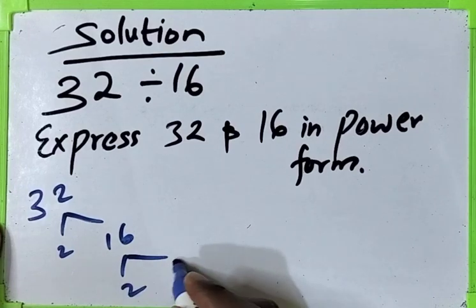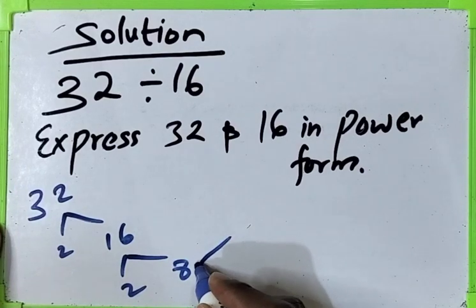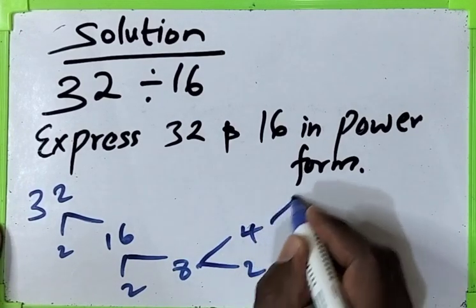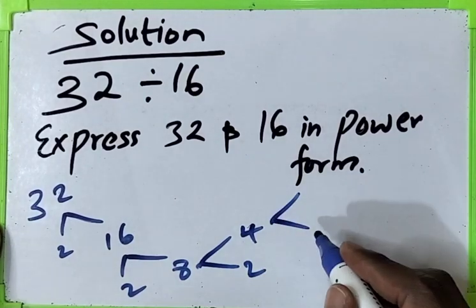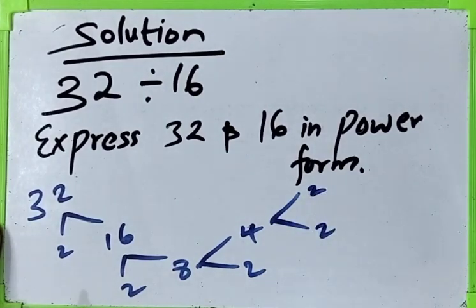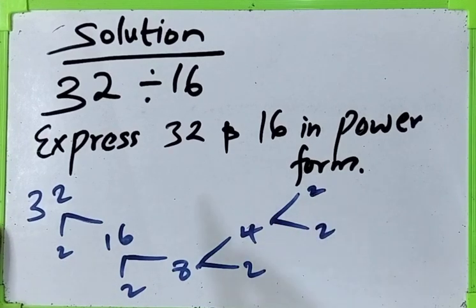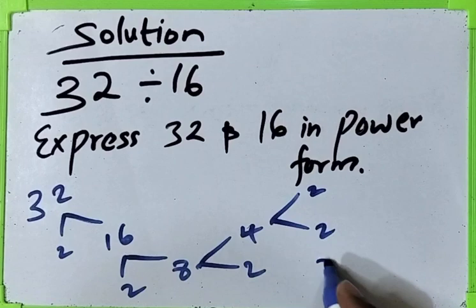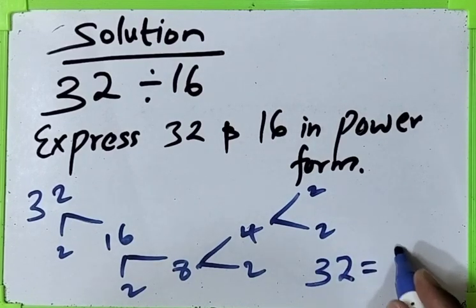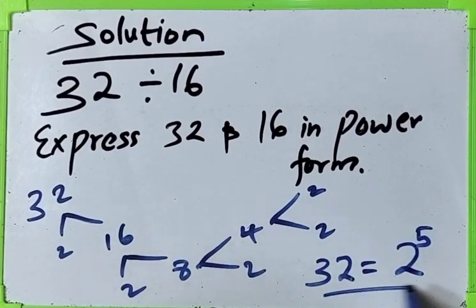Divide by 2, 8. 8 divided by 2 is 4. And 4 divided by 2 is 2. So it is how many 2's? 1, 2, 3, 4, 5. So we have 32 as 2 power 5.